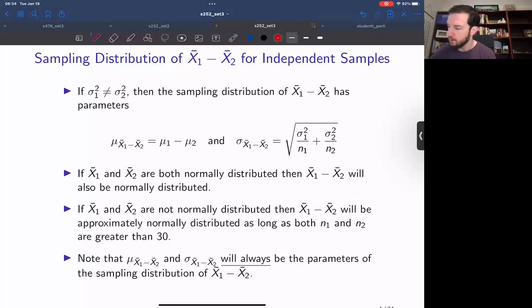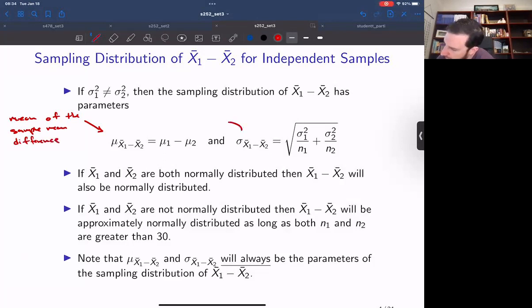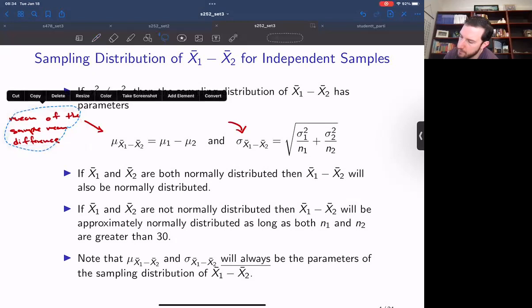So this is going to be the mean of the sample mean difference. And then this part here is going to be the standard deviation of the sample mean difference.